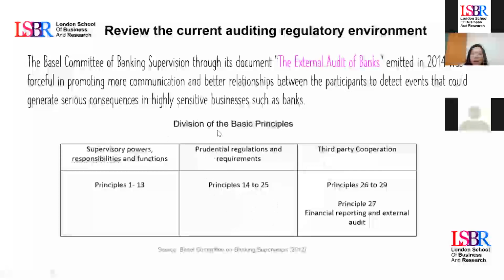And the third part talks about third-party cooperation, and specifically principle 27 talks about the external audit: the external auditor needs to be in contact not only with its client, I mean the company that they are auditing, but they need to have more contact even with the banking supervisors.